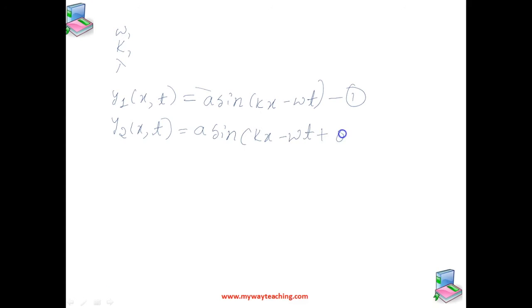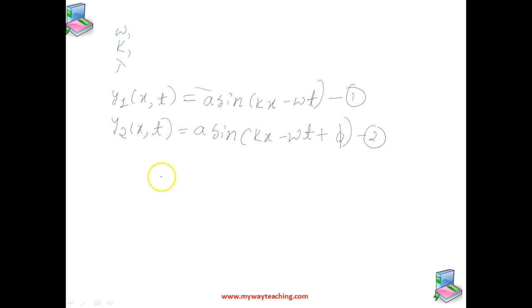The first wave, y1(x, t), is equal to a sin(kx - wt). This is the first one. And the second wave is y2(x, t) = a sin(kx - wt + phi). So they differ only in phase, and all the remaining parameters are equal.